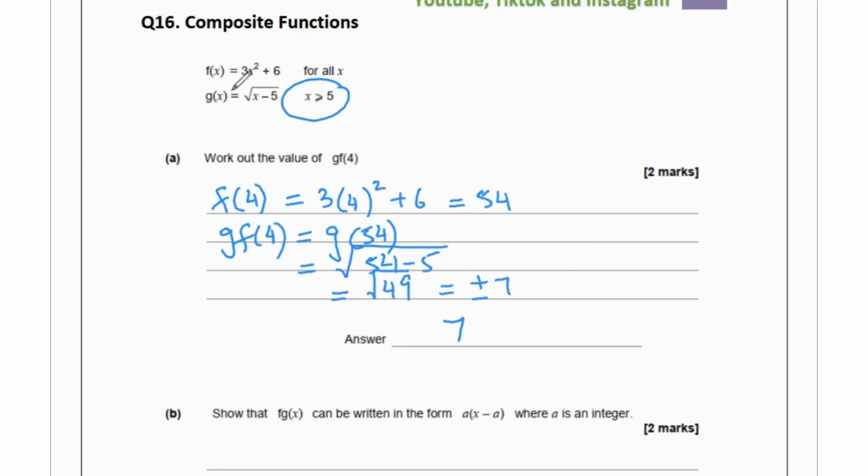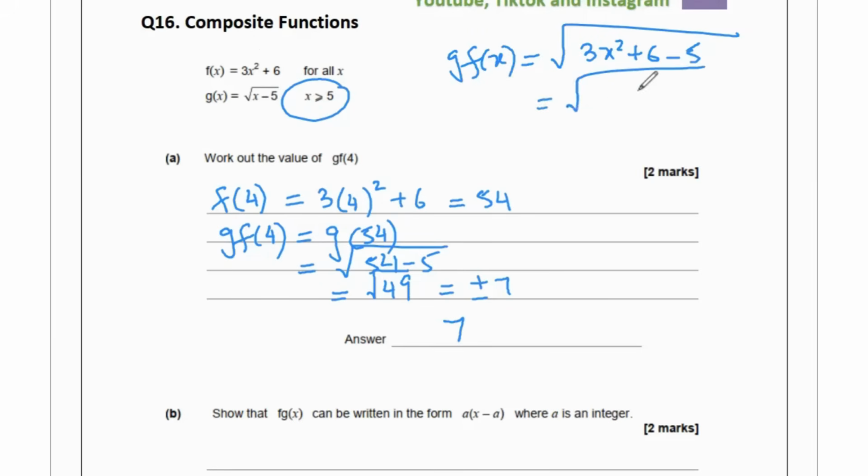Alternative method is that you first create the function g of f of x and then substitute the domain in that. So for example, g of f of x means that anywhere there's x in g of x, it's being replaced by the function f of x. So g of f of x, according to that, would be root of 3x squared plus 6 minus 5. Instead of x, I'm writing f of x now, because that is the domain of g of f of x.